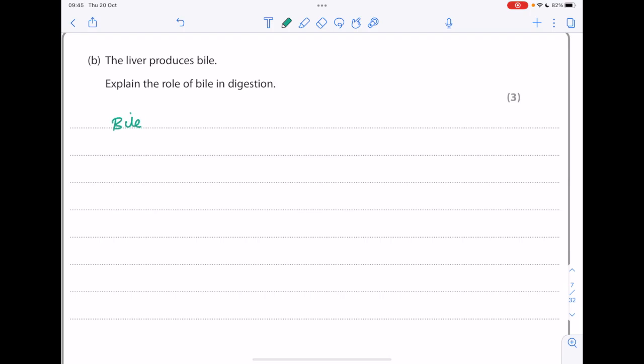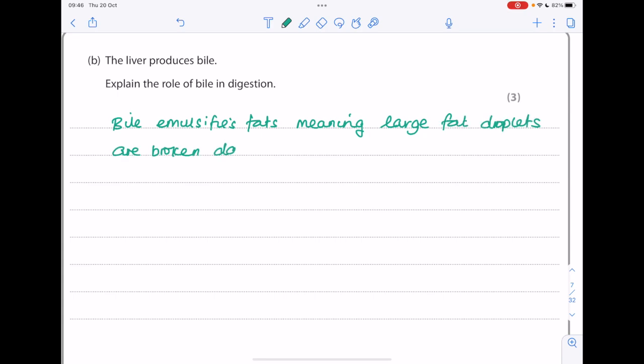Bile emulsifies fats. That's a good word to use here, meaning large fat droplets are broken down into small fat droplets. Why is that a good thing? Because it increases the surface area for lipase to act on.